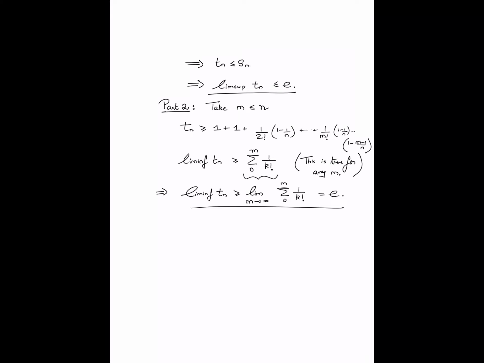Part 2 proves that the lim inf is greater than or equal to e, both of which imply together, of course, that the limit of the Tn sequence is equal to e. Which is what we wanted to show.